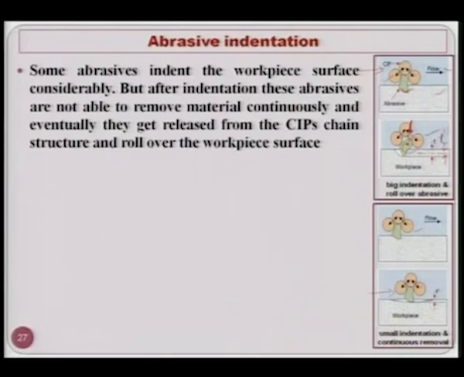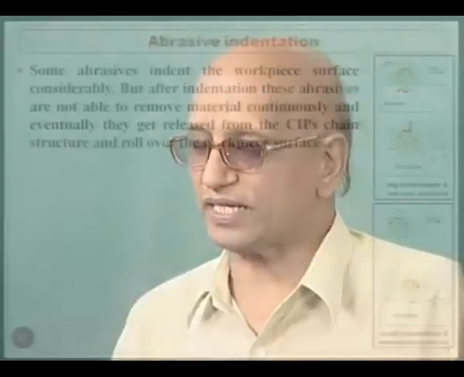That is one situation. Another situation, as mentioned over here, is that it may get released from the CIP chain structure and roll over the workpiece surface without really removing the material from the workpiece surface. It depends upon the strength of the fluid as well as depth of penetration both.